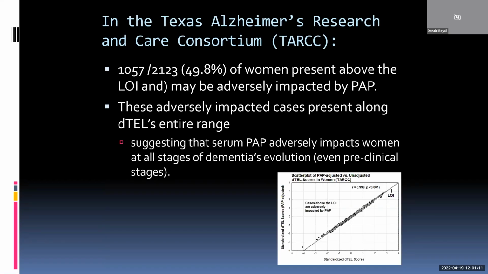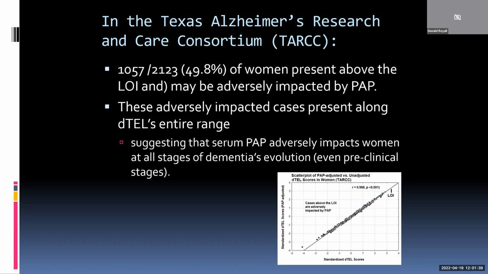But it turns out that a large fraction of women are above the line of identity, almost half of them, and may be adversely impacted by PAP. And not only that, but this adverse effect spans the entire D-score range from normals through MCI and into dementia, suggesting that this biomarker is adversely impacting dementia severity even in non-demented women.